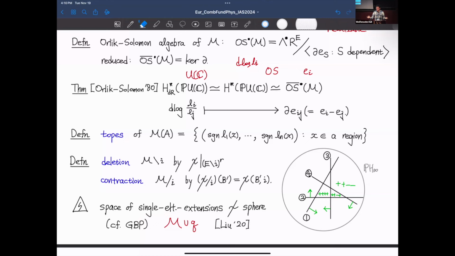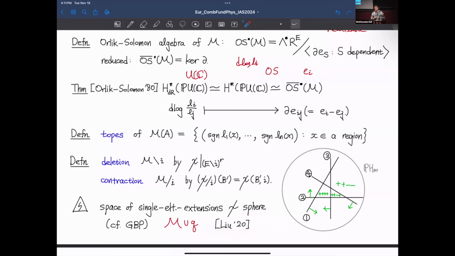So the space of realizable single extensions of a realizable oriented matroid certainly is just a sphere. I'm just adding a vector, and I only care about the sign and the direction, not the scaling. So that's a sphere. But in general, if I ask for the space of single element extensions of an oriented matroid that may not be realizable, this was conjectured to be homotopy equivalent to a sphere for quite some time, due to Bern, who's here, and Zelevinsky, and disproved by Gakulu only recently.